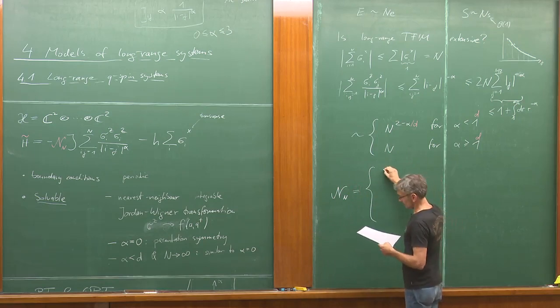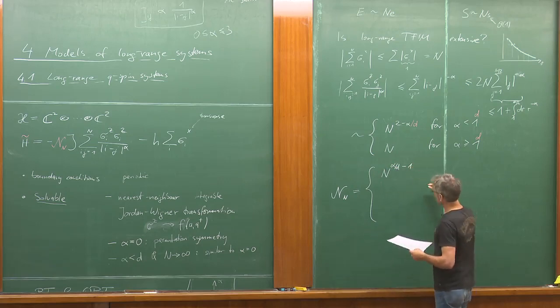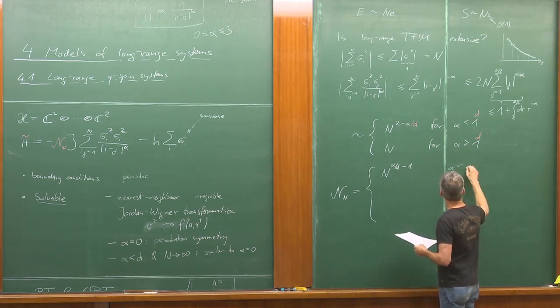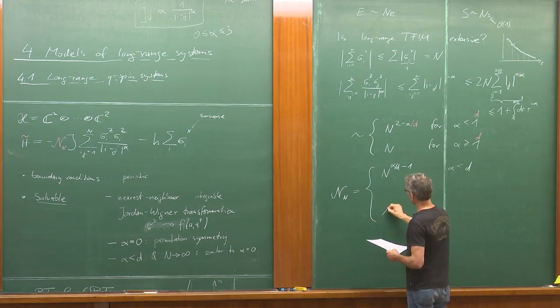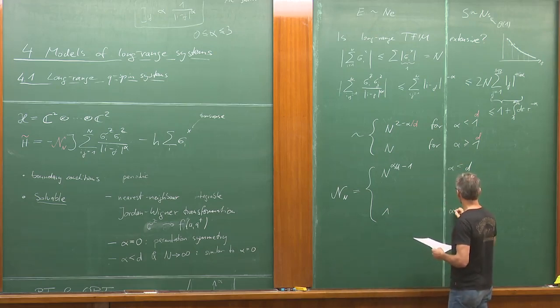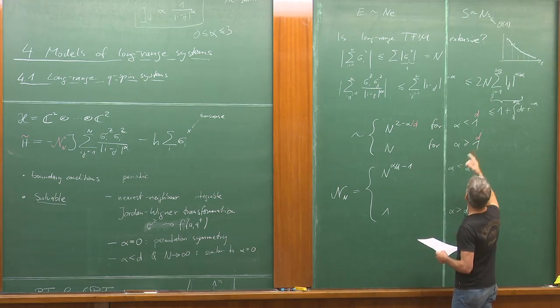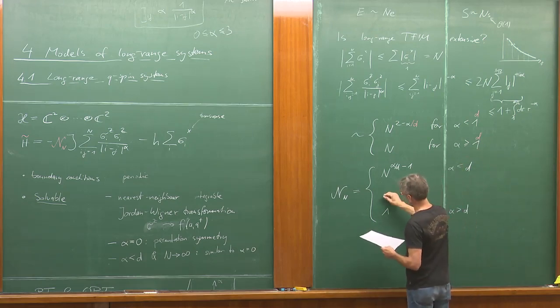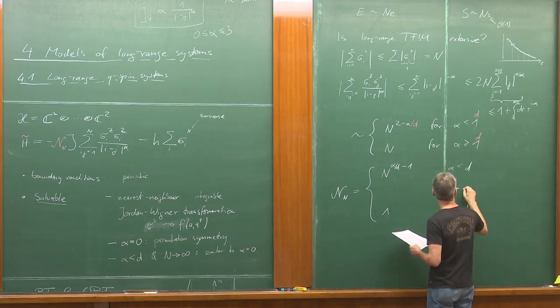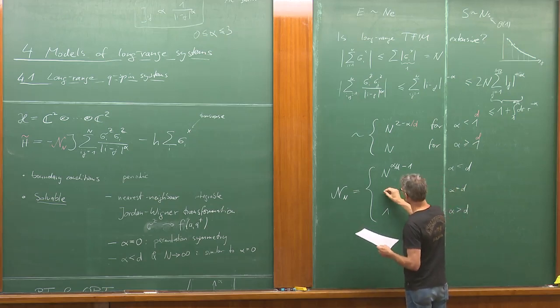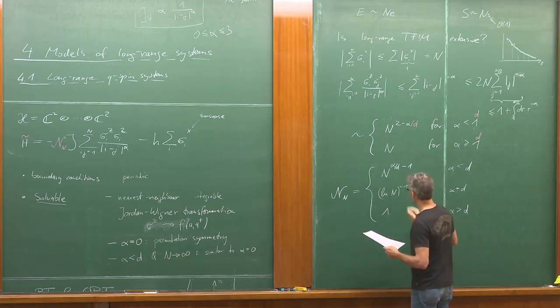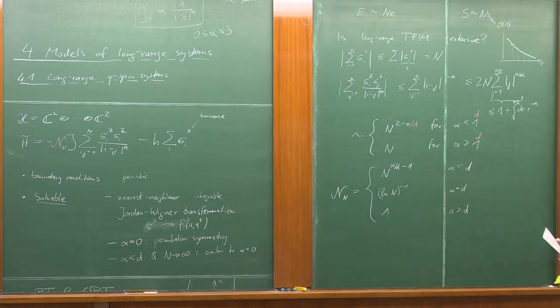It's going to be n to the alpha over d minus 1 for alpha smaller than d. It's going to be 1 for alpha larger than d. And of course, you can also do the integral for alpha equals d. Then you get a logarithmic scaling, so it's ln n to the power of minus 1.